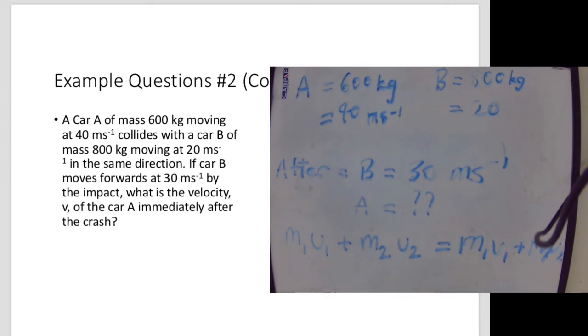If you're not sure, make sure you write down all the information clearly ahead of time before you put all the values into the formula, just like I usually recommend.